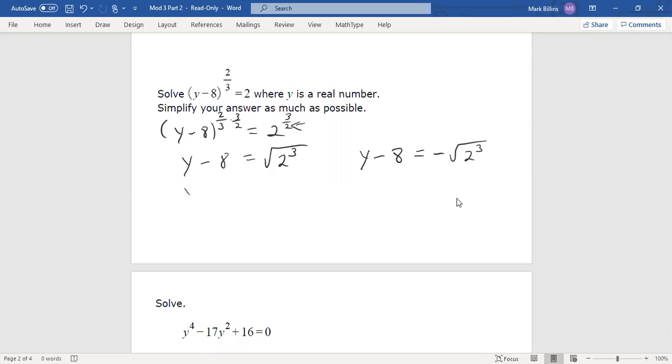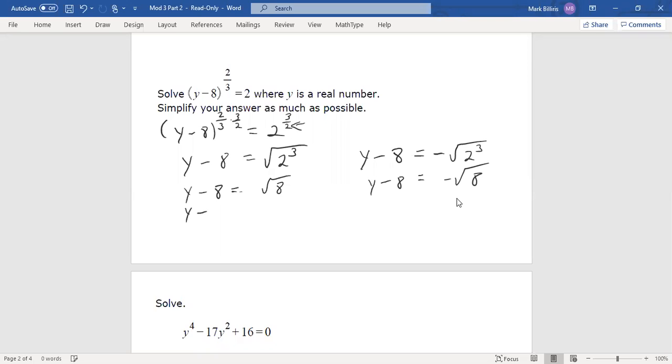So this would be y minus 8 equals the square root of 8, and y minus 8 equaling the opposite of the square root of 8. We have to simplify the square root of 8.